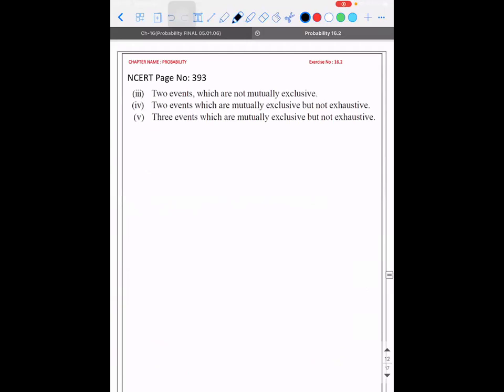Okay. Now they're asking for 2 events which are not mutually exclusive. This we can easily define. You can define one event as getting more than 1 head, and another as getting at most 3 heads.